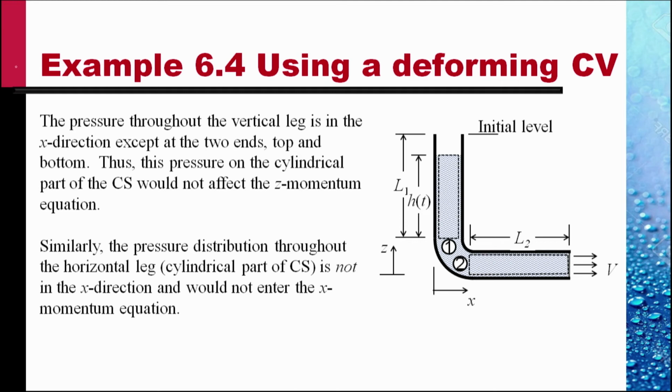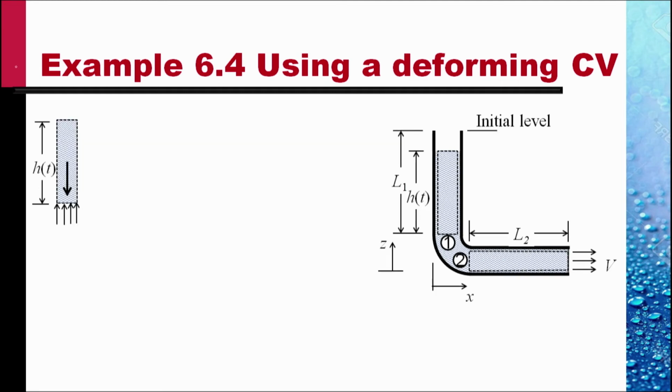Similarly, the pressure distribution throughout the horizontal leg, that is the cylindrical part of the control surface of control volume number 2, is not in the x direction and would not enter the x momentum equation. So we'll write the Z momentum equation for control volume 1 and the x momentum equation for control volume 2.